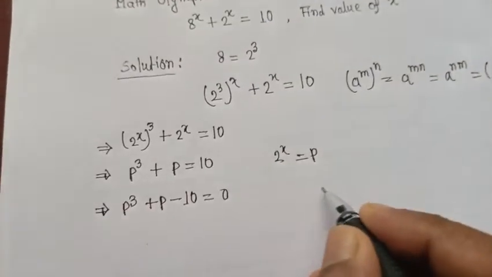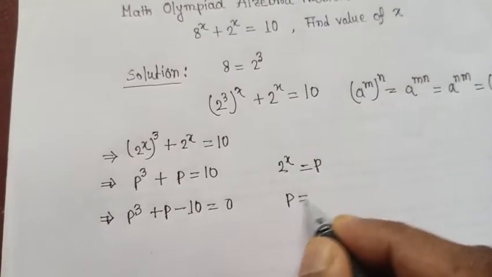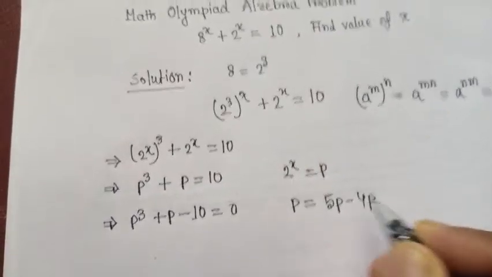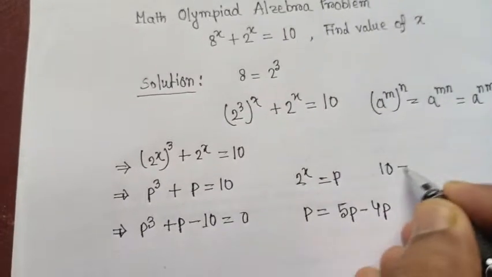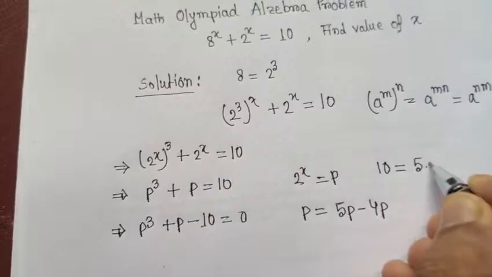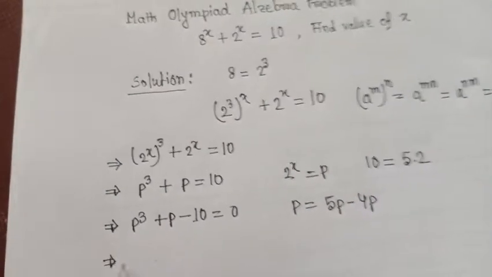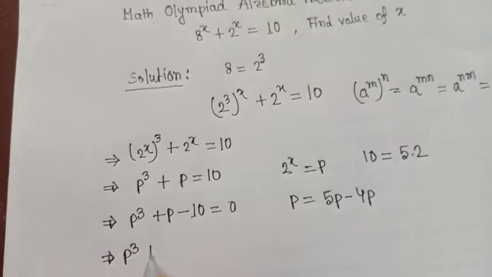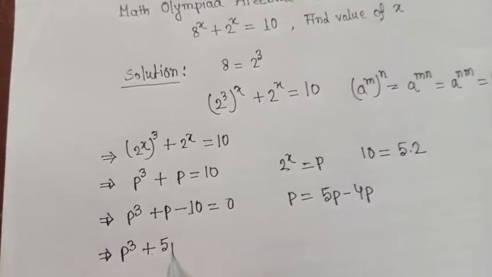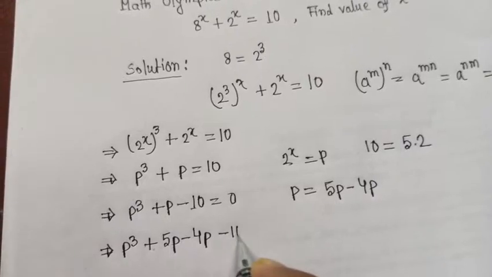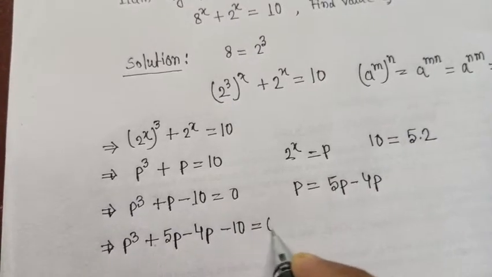Now we can express p as 5p minus 4p, and split that 10 as 5 into 2. So we can write here p to the power cube plus 5p minus 4p minus 10 equals 0.